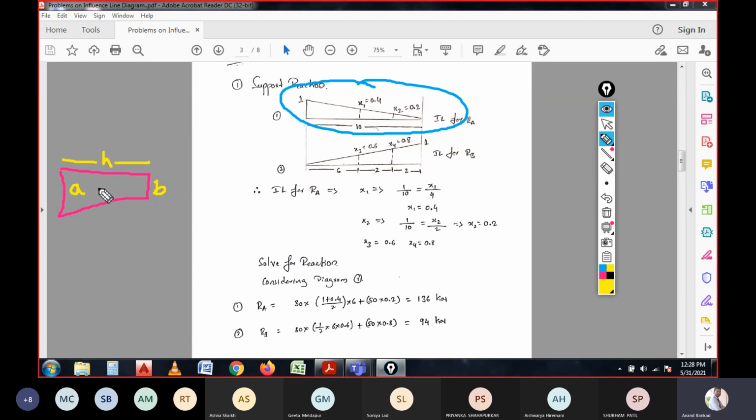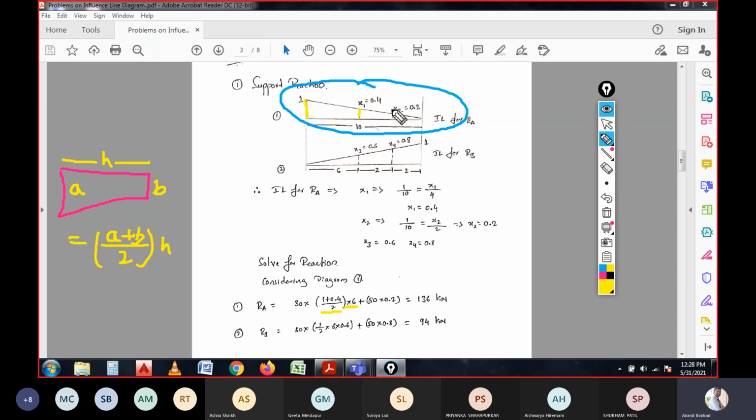For the area of this trapezoid, we could write A plus B divided by 2 multiplied with the total height. That is what we have written over here. So here it is 1, here it is 1, and here 1 plus 0.4 divided by 2, 1 plus 0.4 by 2, and h we have 6. That is what is written here.